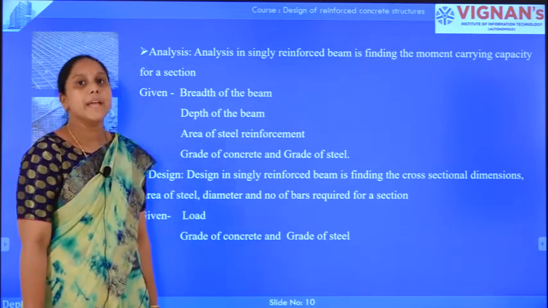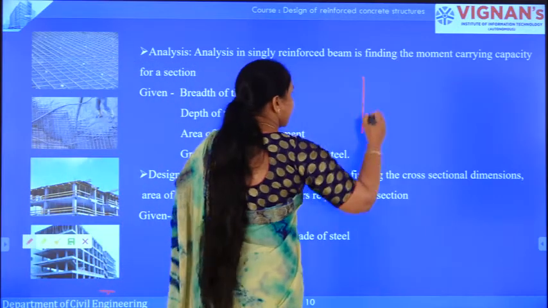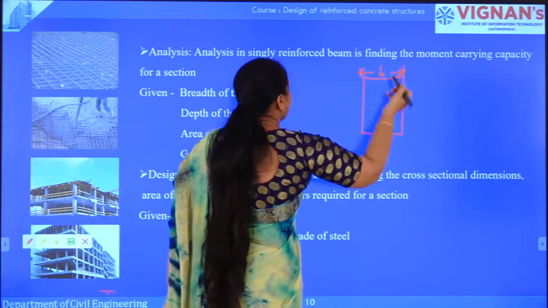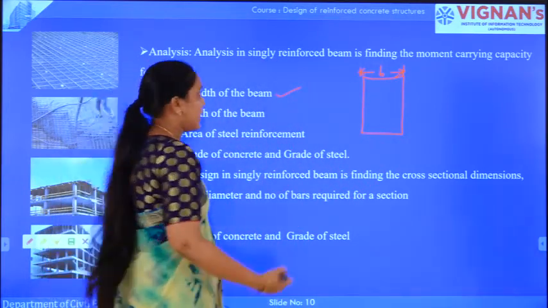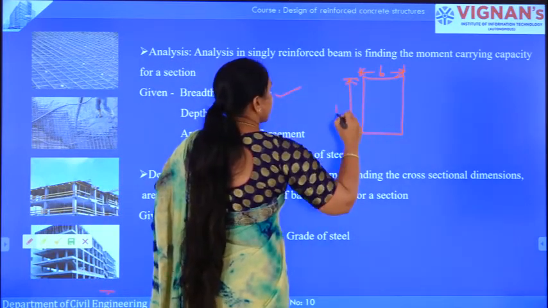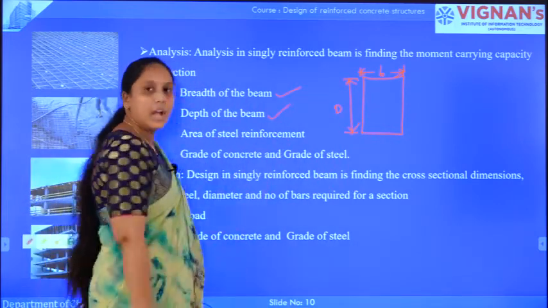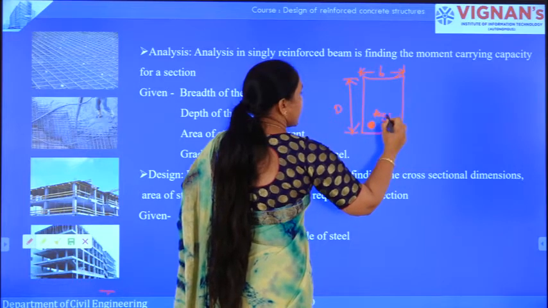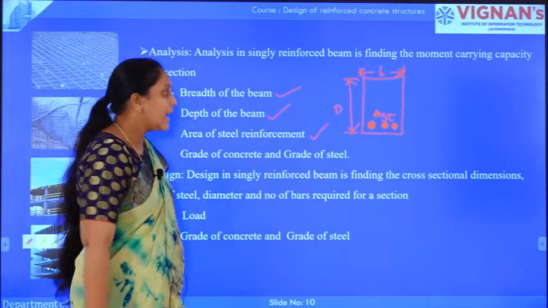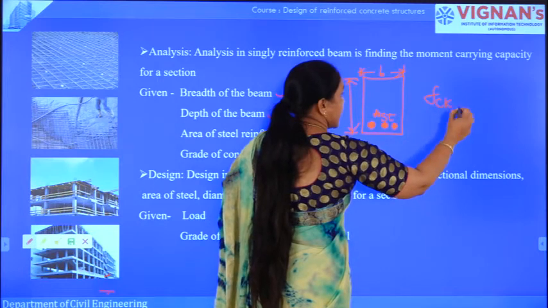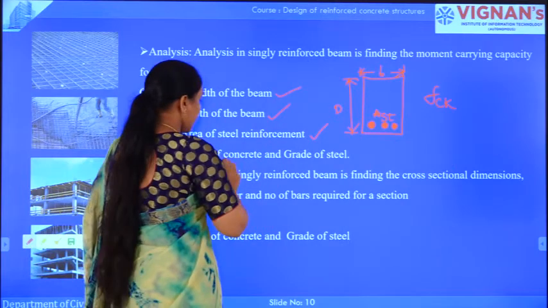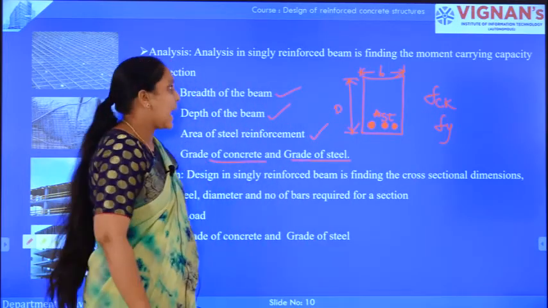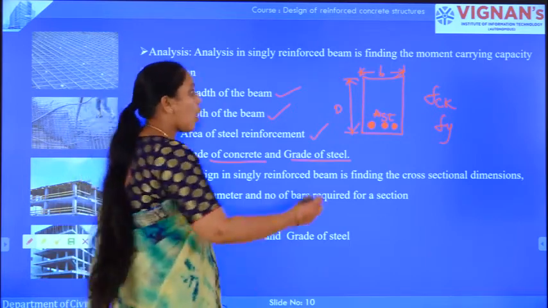What is meant by analysis? For a given section, that is, if the breadth or width of the section is given, the depth d is given, the area of the steel reinforcement, denoted by Ast, is given, the grade of the concrete, that is fck, is given, and the grade of the steel fy is given, what you have to do in analysis is calculate or find out the moment carrying capacity of this particular section.